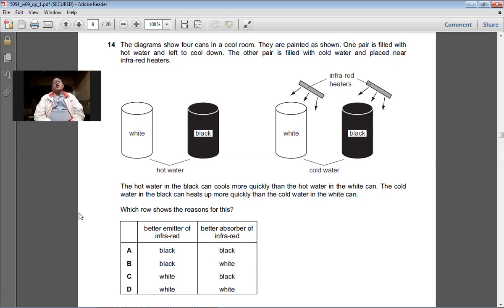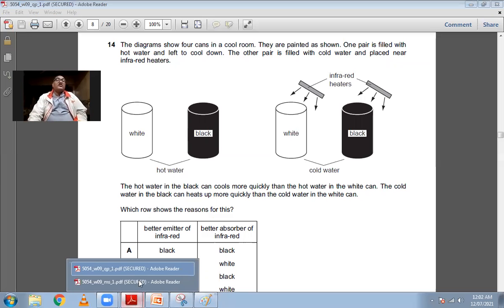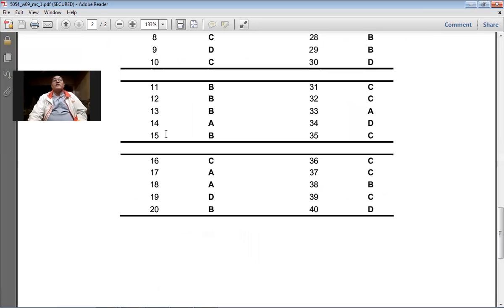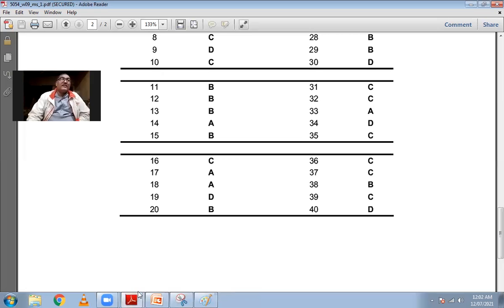So which shows the reason for this? Better emitter of infrared, that will be black, and better absorber of the infrared, that will still be black. So I think question number 14, A is the right choice. Question number 14, let's check. Question number 14, A is the right answer, sir.